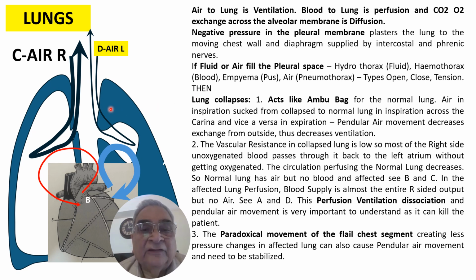So now if we fill fluid or air in the pleural space: fluid, hydrothorax; blood, hemothorax; pus, empyema; air, pneumothorax. And the pneumothorax can be open, where air can go in and out of the pleural cavity; closed, where it can neither go in nor come out; or tension, that means it can go in and cannot come out.